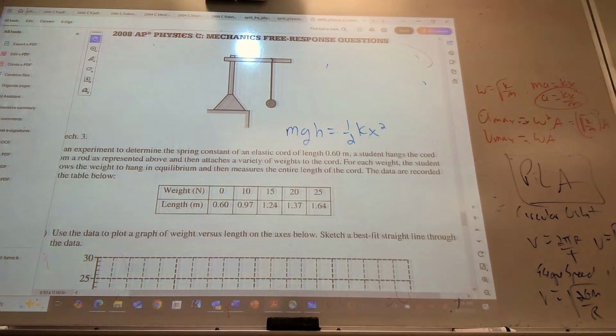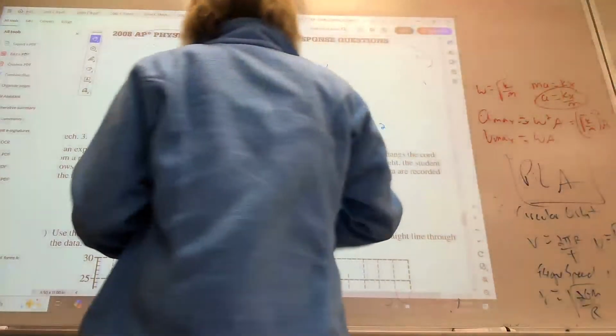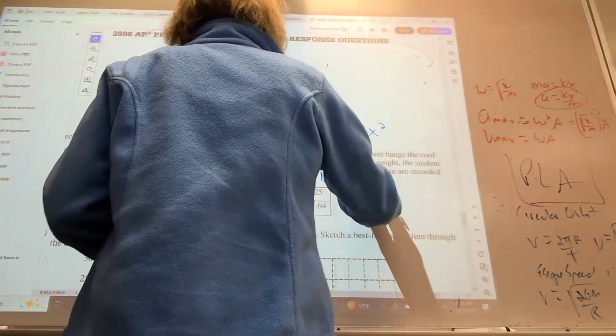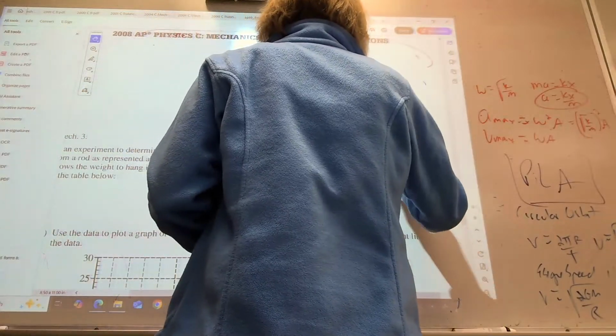So the height that has changed from hanging here all the way down is 1.5. But the spring has only been stretched 0.6.